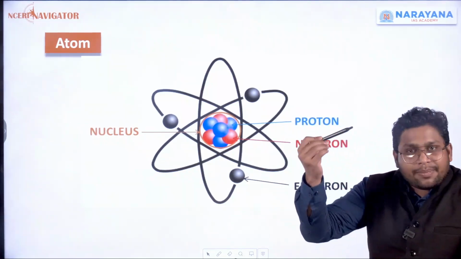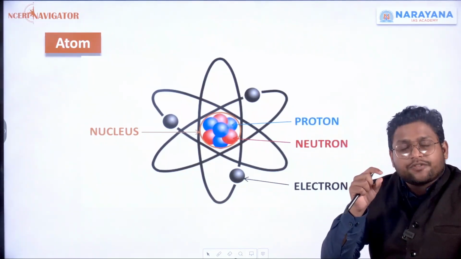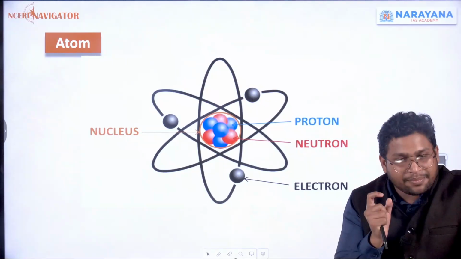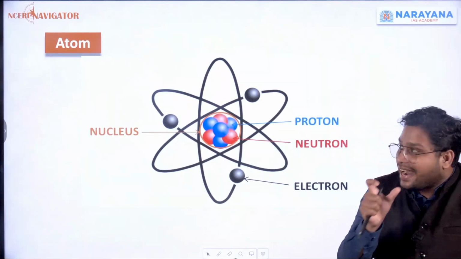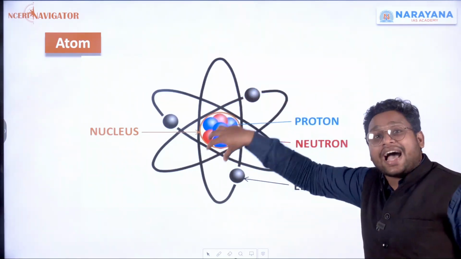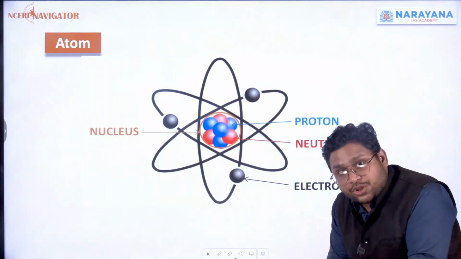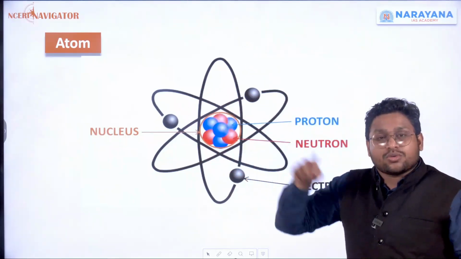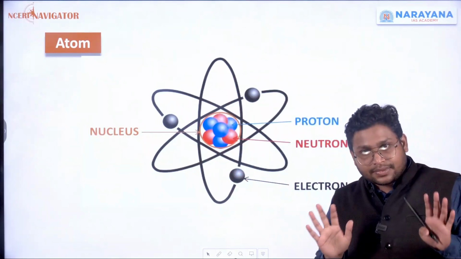Okay, so any matter, if you zoom in and take the smallest unit of it, it is an atom. Now if you look at the atom, it looks somewhat like this. It has a dense nucleus which has protons as well as neutrons, and around this you will see some electrons moving or orbiting it. Clear?